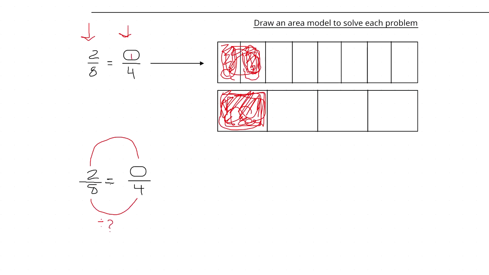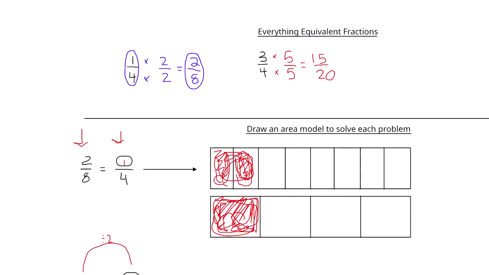Well, I know that 8 divided by 2 equals 4. So that means I don't have a choice. I have to use that number at the top. 2 divided by 2 equals 1. And as you can see, you get the same exact answer.